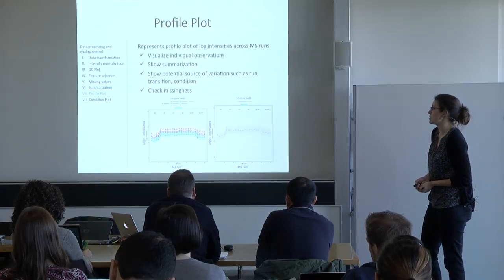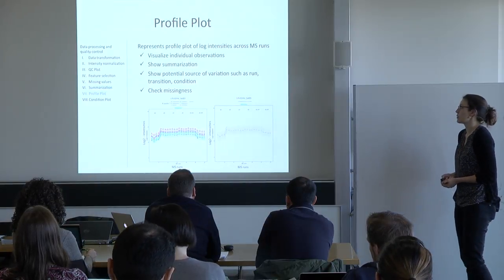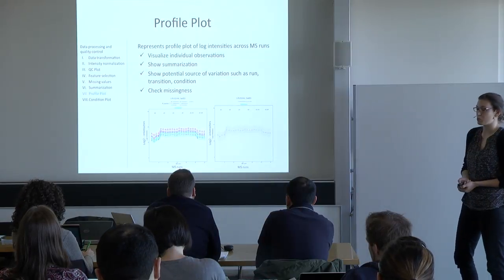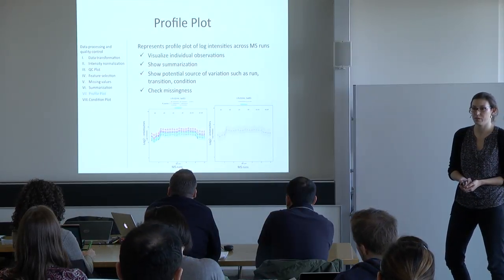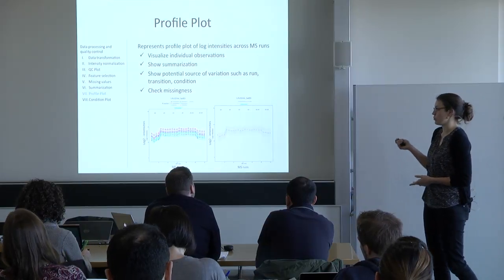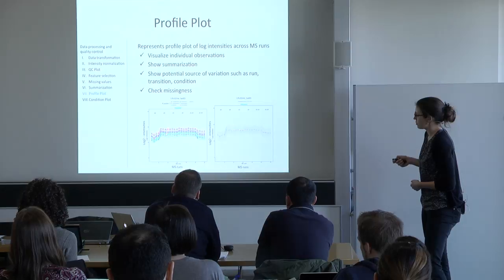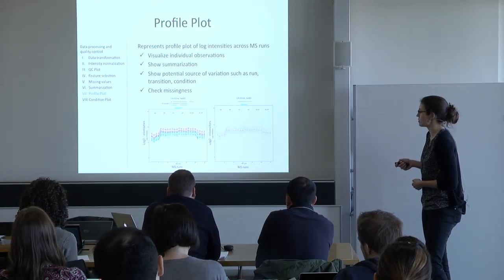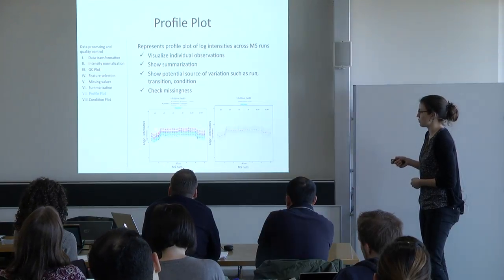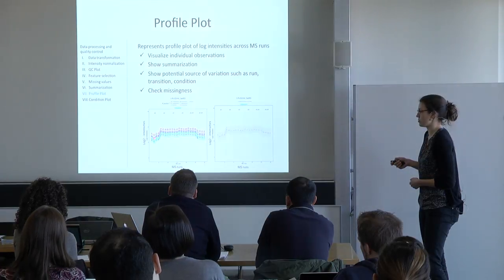And the summarization step is also visualized in the profile plots that you will get out of MSstats. We've already seen this for the feature selection, so you have the log intensities over the MS runs, and here you see this for all the peptides of the protein and all the transitions.